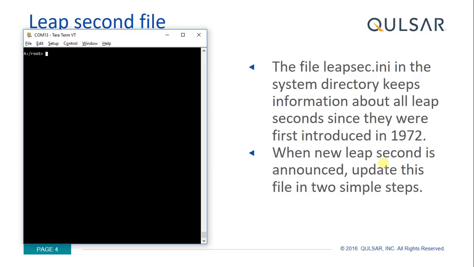On all Qulsar devices there is a file in the systems directory called the leapsec.ini file that keeps information about all leap seconds since they were first introduced, in historical order. Let's have a look. Here is the leapsec.ini file at the end here.